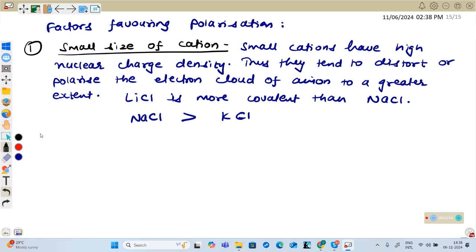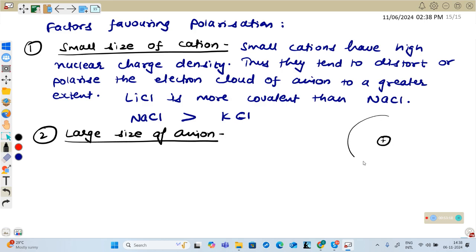Second is large size of an ion. So what will happen when the anion size is larger? Greater is the polarizability, because the nucleus of a large anion will have less hold on the electron cloud. Suppose this is the nucleus and this is the boundary of the electron cloud.